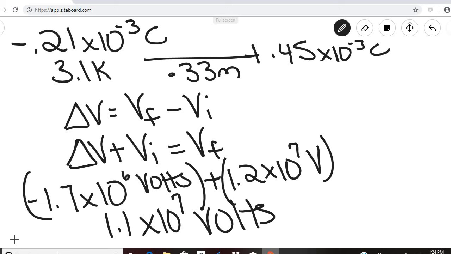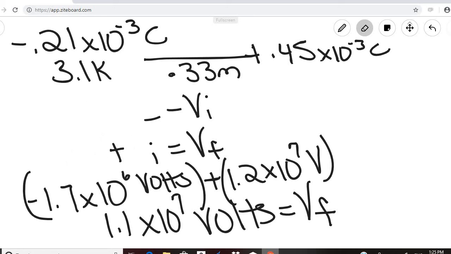Okay, so now we have VF. Where do we go from there? We're looking for the radius.